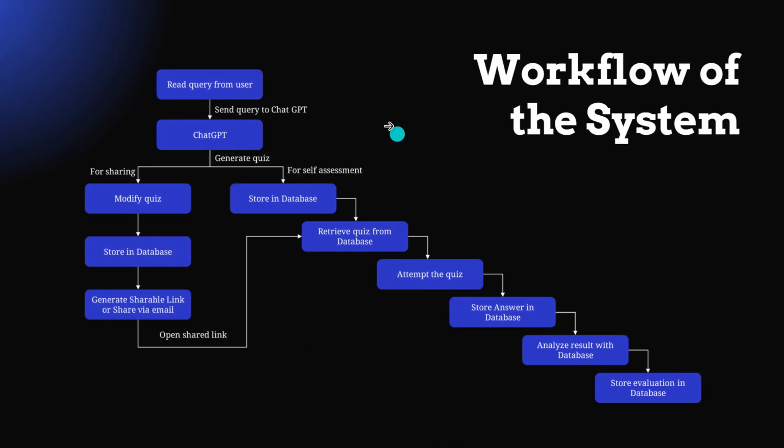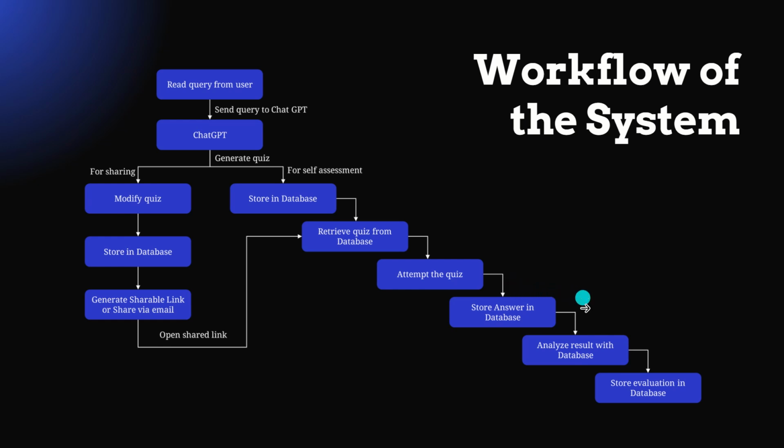And this one is the basic workflow of the system. The query of the user we are sending to ChatGPT. If it is for the self-assessment part, we are storing that generated response in the database. After storing it, we are retrieving it. Then the user can attempt the quiz, and we are storing the user answer in the database again.